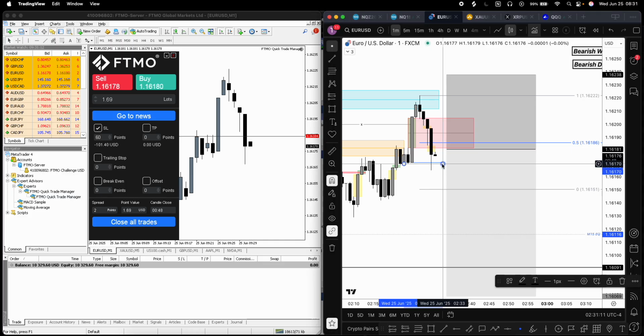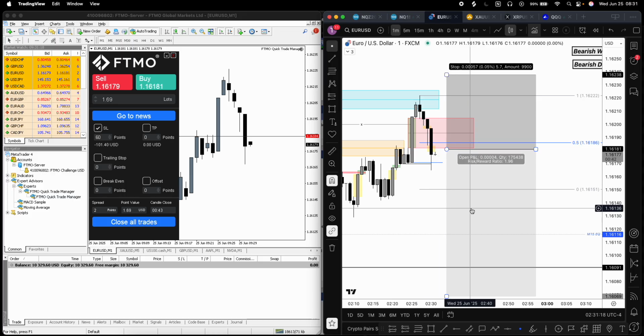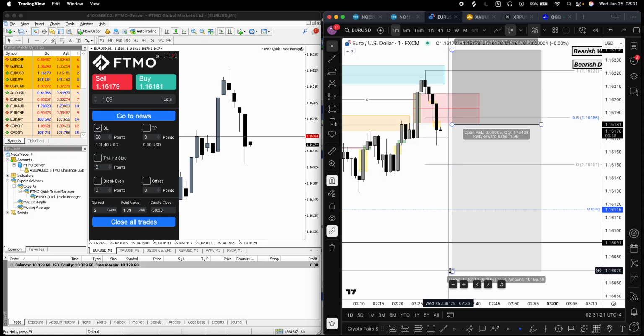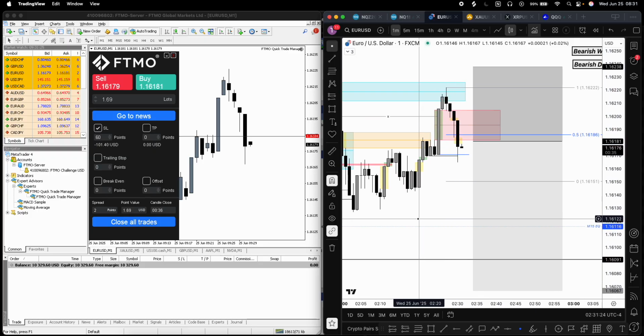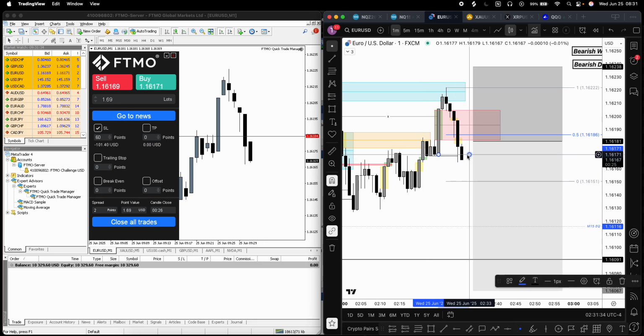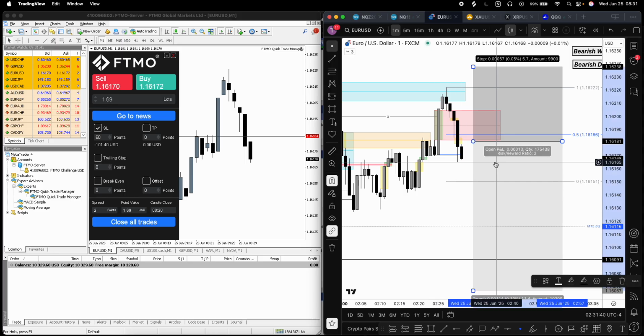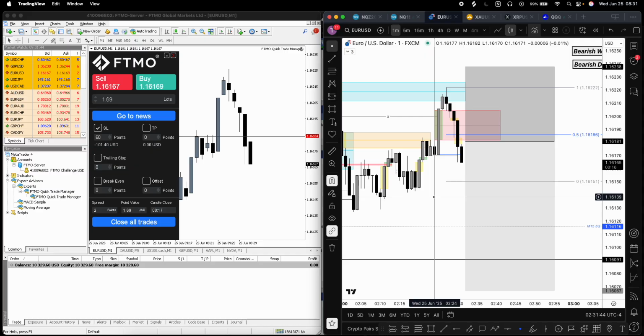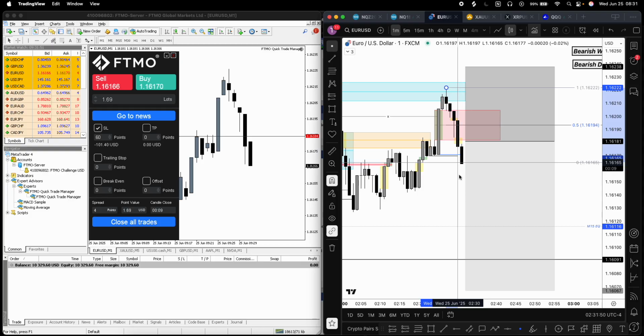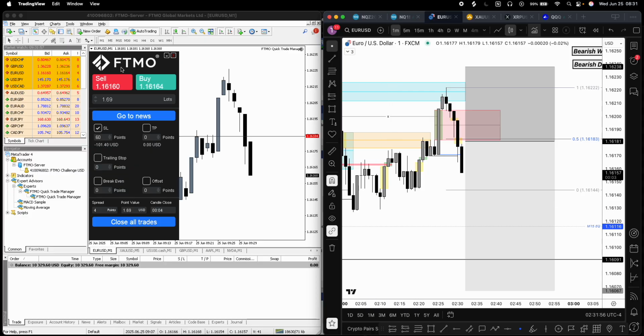We did break the black level, but we need to close below this blue line. Okay, we'll get ready to sell.